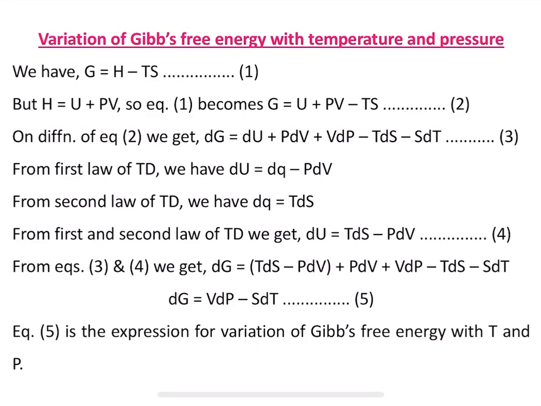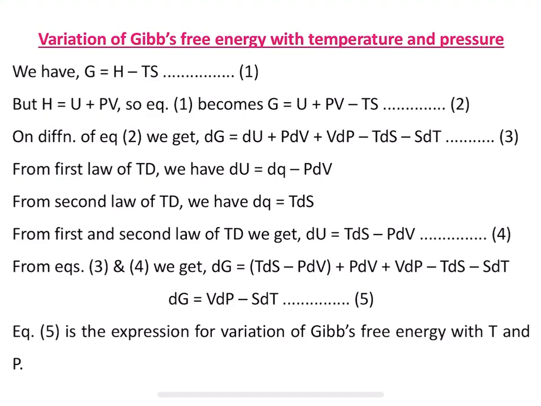Next we discussed the spontaneity of a reaction, right? Whether a given process takes place spontaneously or not depends on two factors: the change in enthalpy and the change in entropy.